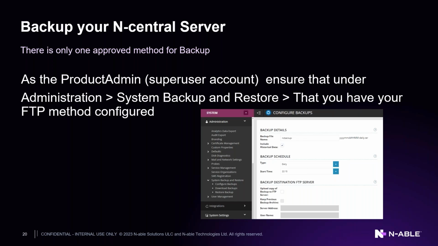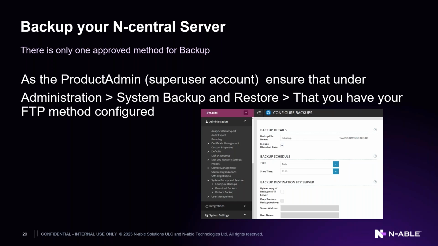However, N-central is a database. It's a web server with a database, okay? So there is a lot of movement in that database. If it doesn't back up correctly using the tried and true method, and you use a snapshot method, you can use what are called cold snapshots.